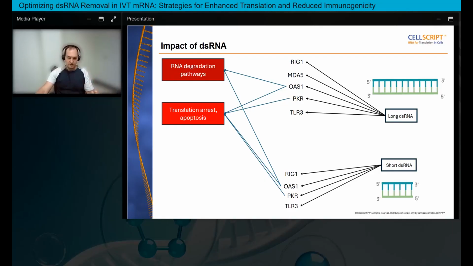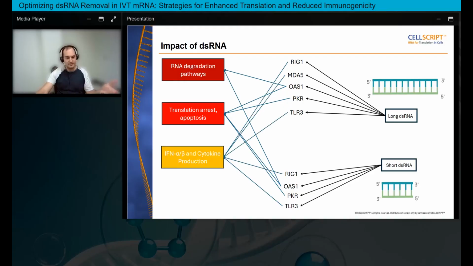Some of the others will start to do translational arrest and apoptosis. Now, slightly different, but kind of the same outcome. Instead of degrading the RNA outright, it will just cease production of proteins in general, which tends to lead to apoptosis very quickly. And sometimes they will jump straight to apoptosis because if there is a viral infection, it's just better to kill the cell.